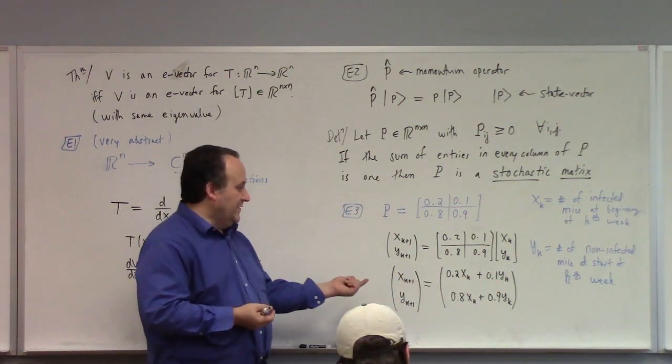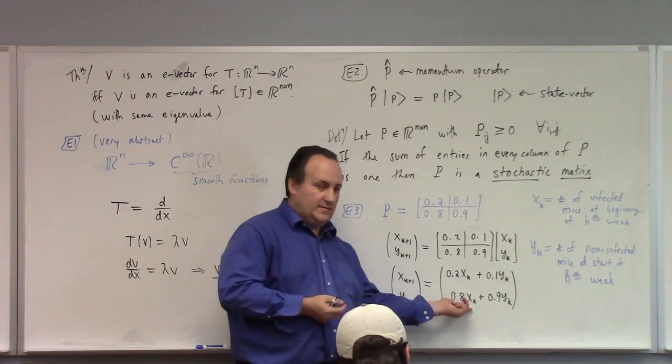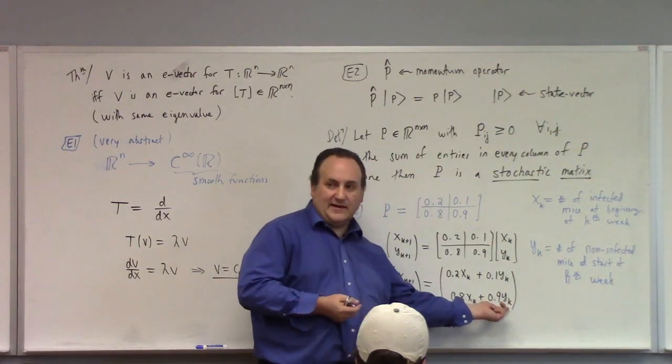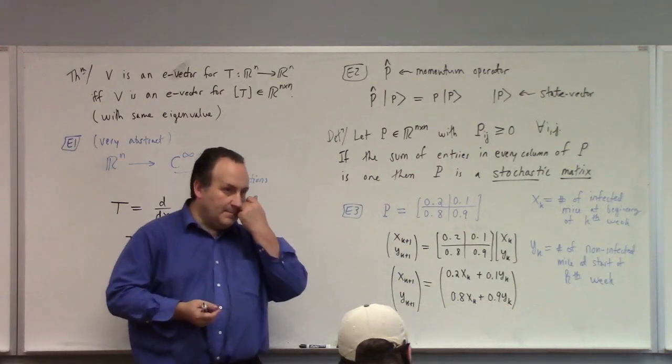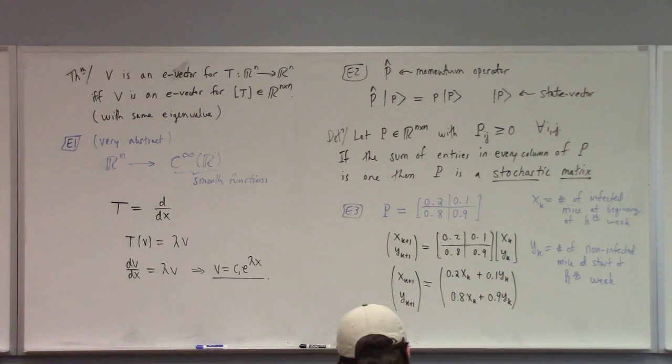On the flip side, 80% of the mice that were sick become well, and 90% of the non-infected mice stay non-infected. So this is the kind of thing a stochastic matrix can model.